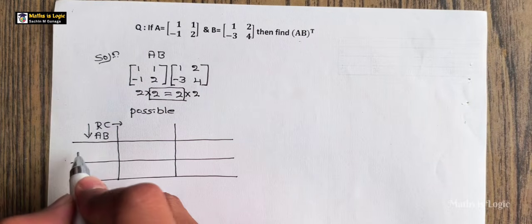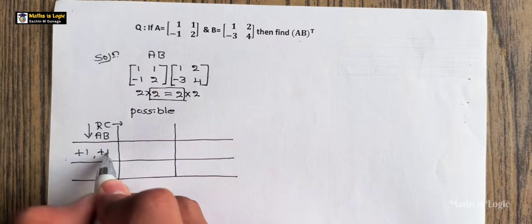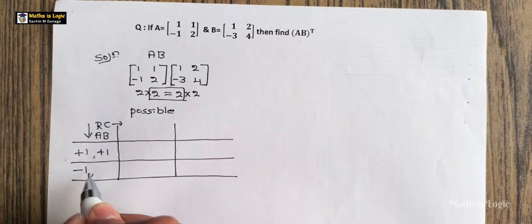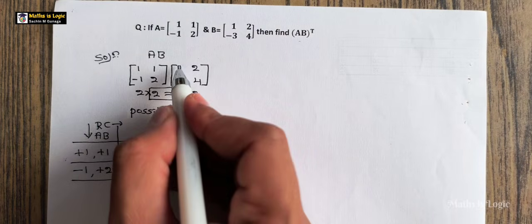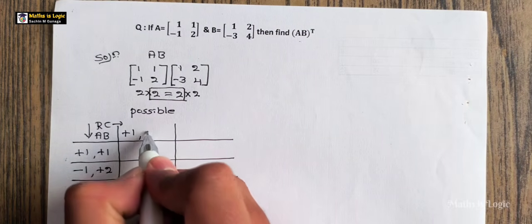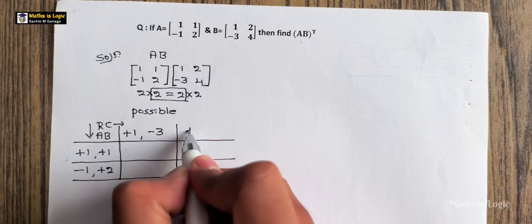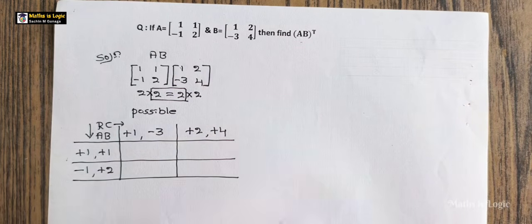So first row plus 1 plus 1, second row minus 1 plus 2, first column plus 1 minus 3, second column plus 2 plus 4.